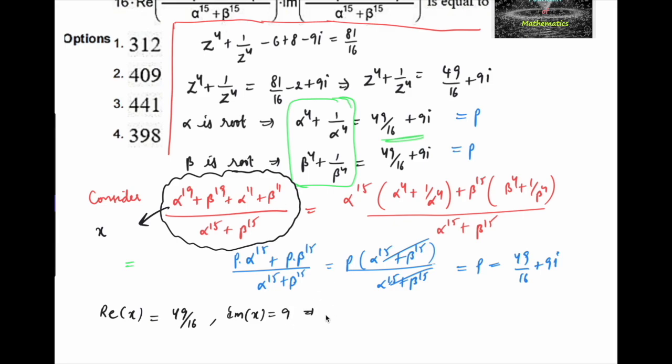According to the question, we need 16 times the real part of x into the imaginary part of x, which is equal to 16 into 49/16 into 9. So 49 times 9 is 441. So 441 is the answer, which is our option C.